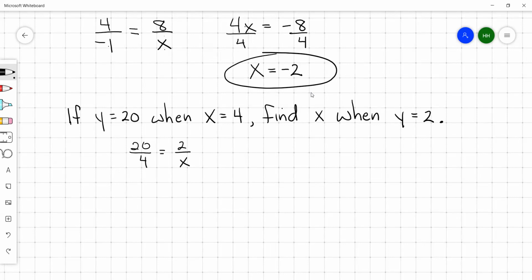We solve by crisscross multiplying. 20 times x is 20x, and 4 times 2 is 8. We divide both sides by 20, and x is equal to 8 divided by 20, which is 0.4.